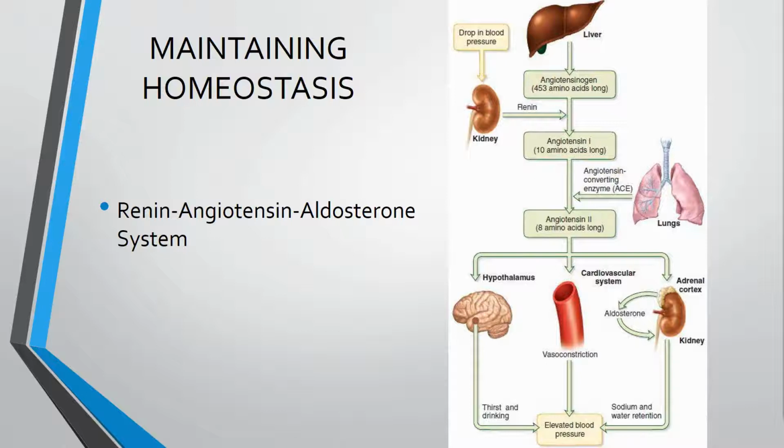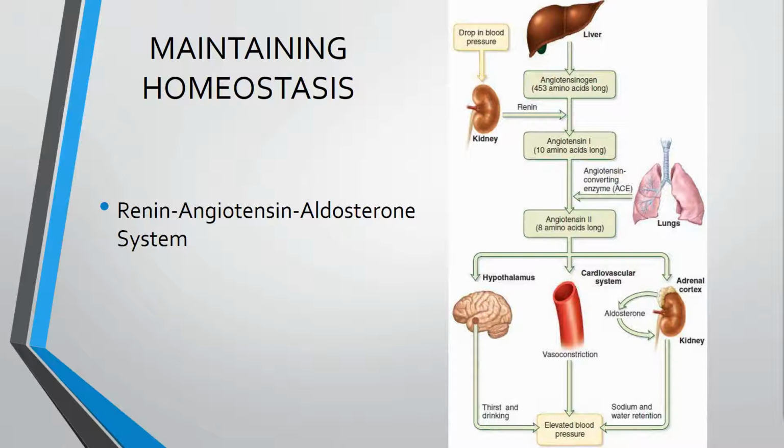If blood flow or blood pressure to the kidney decreases, renin is released. Renin causes the conversion of angiotensinogen to angiotensin 1, which is then converted to angiotensin 2 by our angiotensin converting enzyme. And then angiotensin 2 acts directly on the nephrons to promote sodium and water retention.